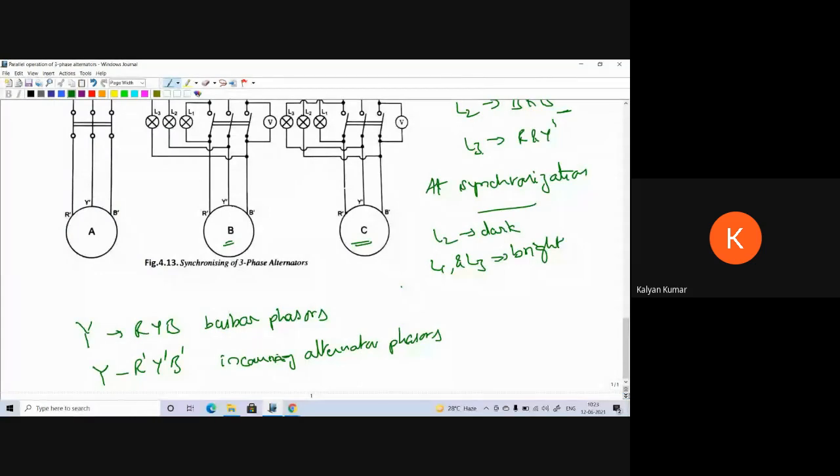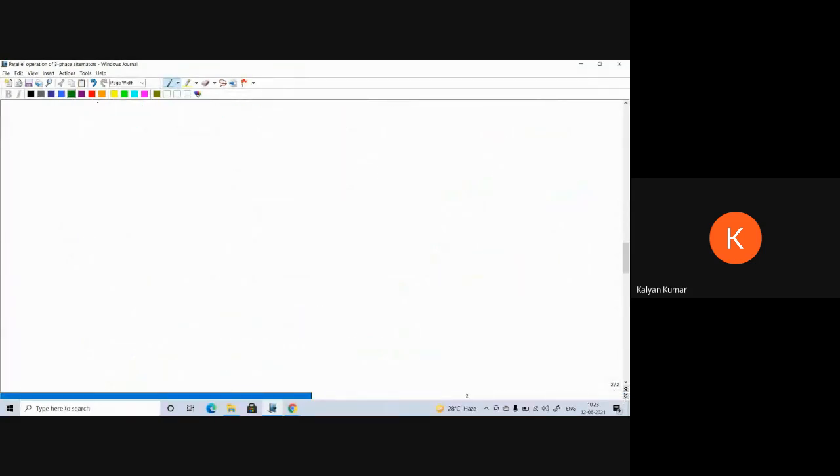Okay, now let us take R, 120 degrees displacement Y and 120 degrees displacement B. This is R, this is Y, this is B. I am taking incoming alternator star as R dash, Y dash, B dash.